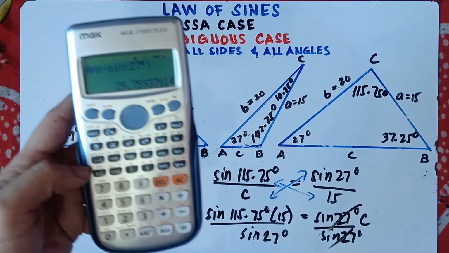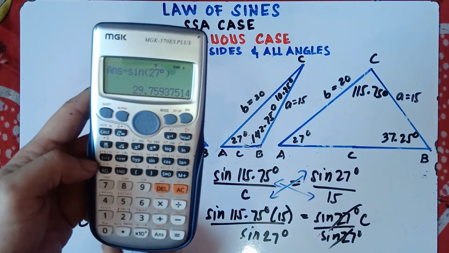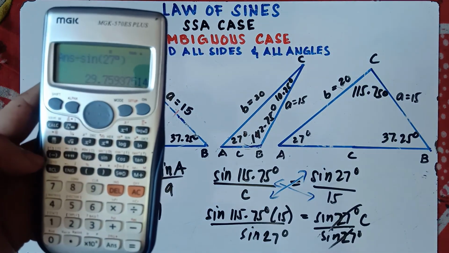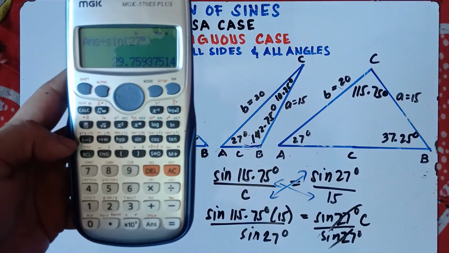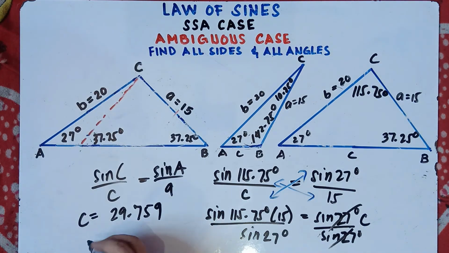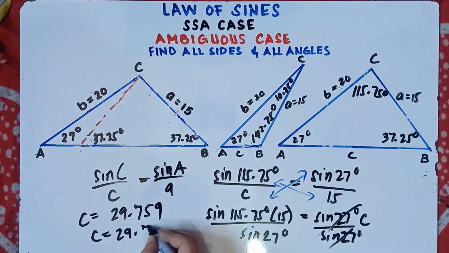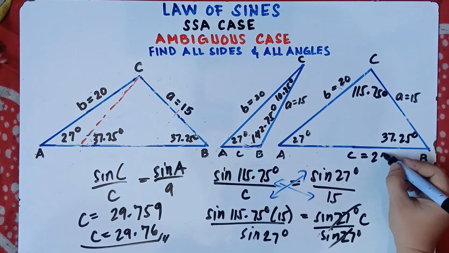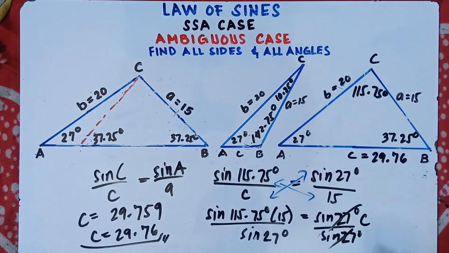So C is equal to 29.759. After the 5 is 9, so we need to round up to two decimal places. So this will be 29.76. That's it, class. That's the value of C. So this side is equal to 29.76. That's it for side C in this original triangle.